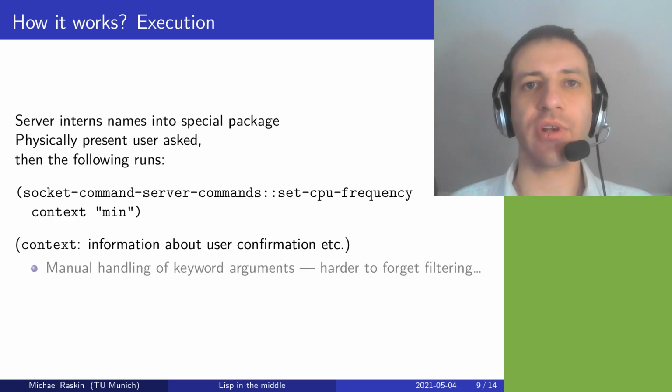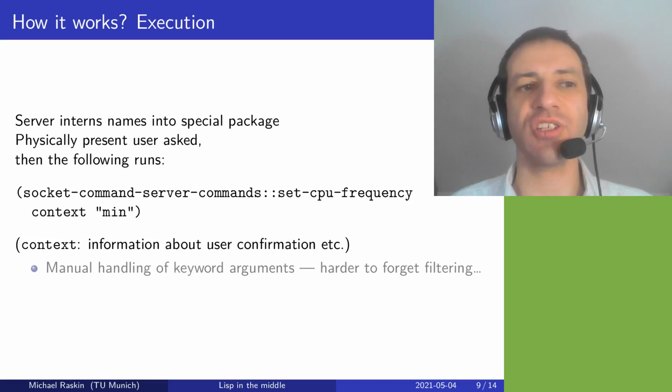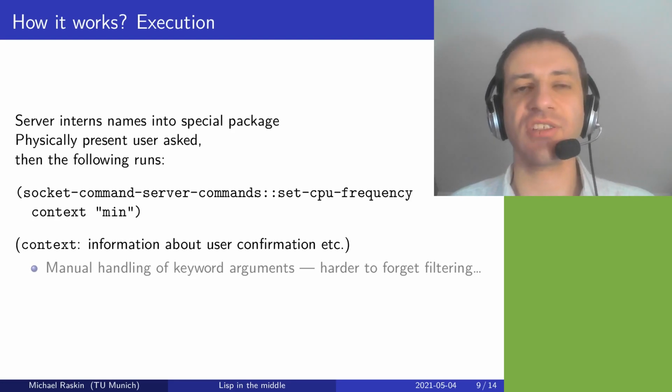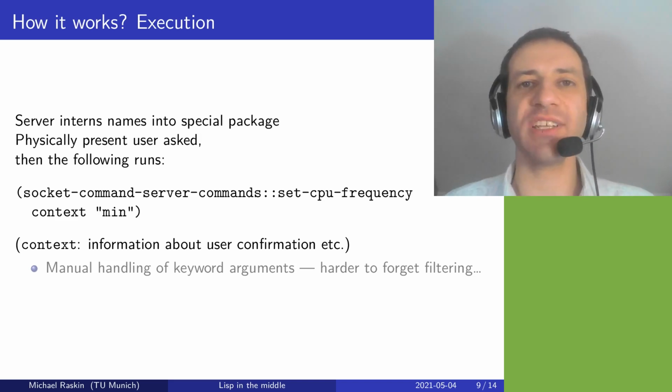So when the server receives the request, it takes the string from the top level list of the request and takes the first argument and then turns it into the socket command server commands package symbol, and just executes this function, passing it as the first argument the context, for example, whether the user has confirmed already something or not, and stuff like that, and also passes it the remainder of the request.